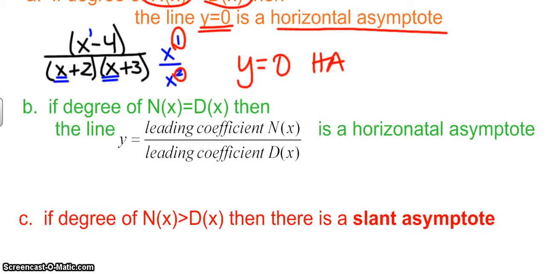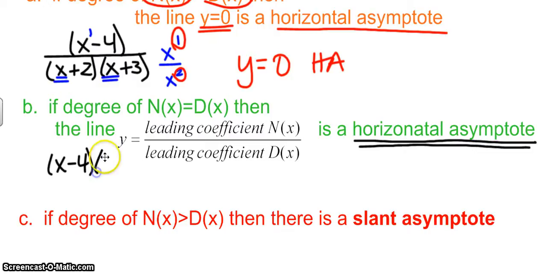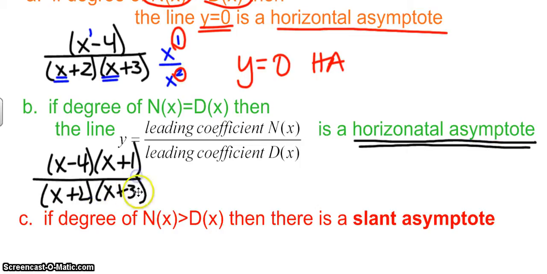Now, the next situation is what happens if the degree of the numerator is equal to that of the denominator. Well, we're still going to have a horizontal asymptote. This time, though, it's not going to be the line y equals 0. It's going to be the line y equals, and then it's based off of your leading coefficients. So let's say this factored, we'll again say x minus 4, and we'll say x plus 1 over x plus 2 and x plus 3.